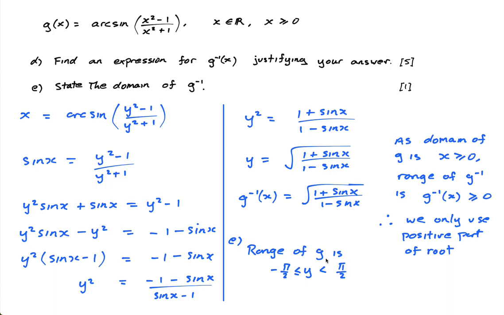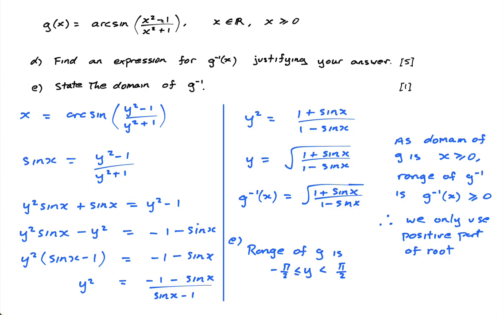And if you actually think about arcsine, what is the maximum arcsine can be? Well, it's when x is 1. And what's the minimum arcsine can be? Well, it's when x is negative 1. And when x is negative 1, we have negative pi over 2.